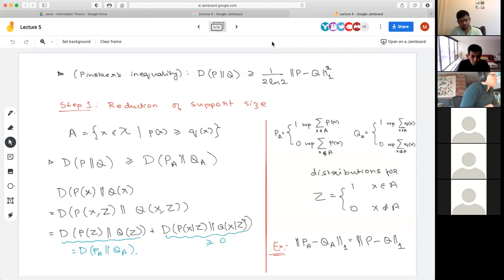We prove that the KL divergence can only go down using the chain rule for KL divergence. Everyone okay with that much?